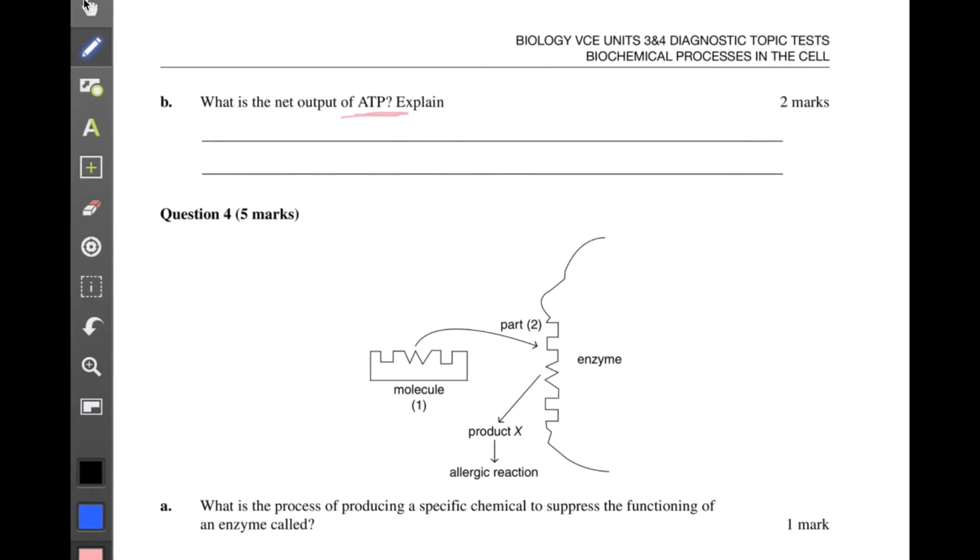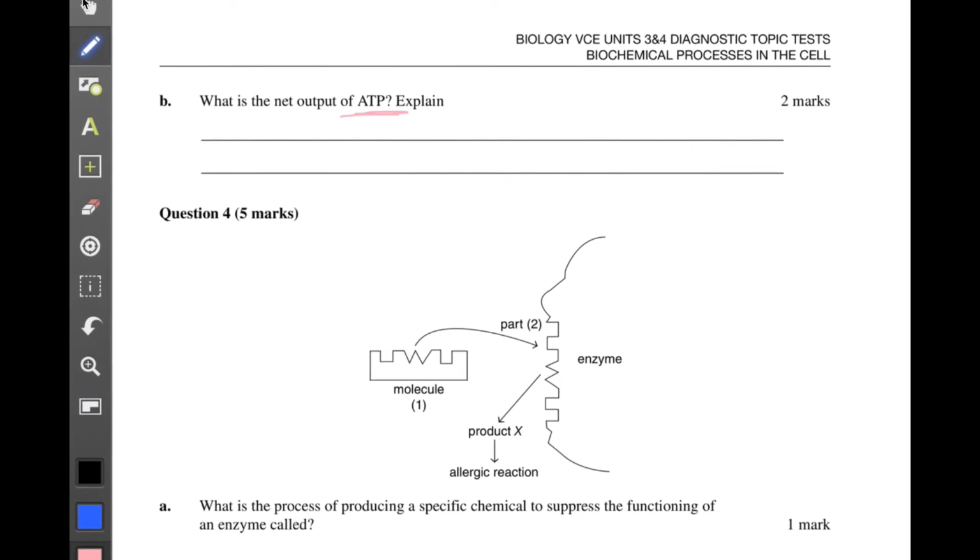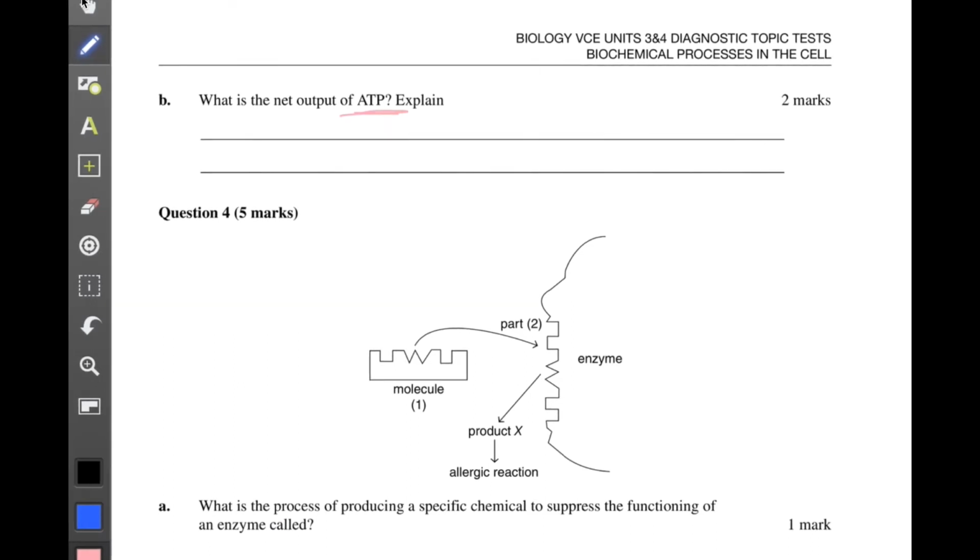So, cellular respiration in animals and plants occurs at the mitochondria. It actually requires an extra 2 ATP for us to move into the mitochondria. Whereas bacteria don't require that extra ATP because they don't have organelles, because they're prokaryotes.